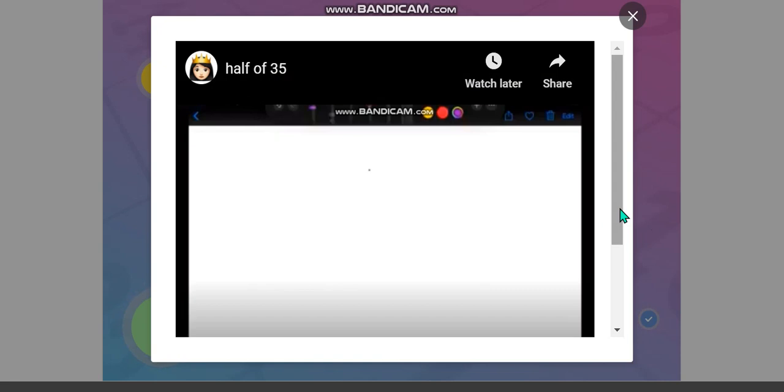Now let's have 35 as our example. Now 35 is an odd number, and remember that odd numbers are even numbers plus 1. Like 34 plus 1 is 35. Okay, so let's have this one here, 35.